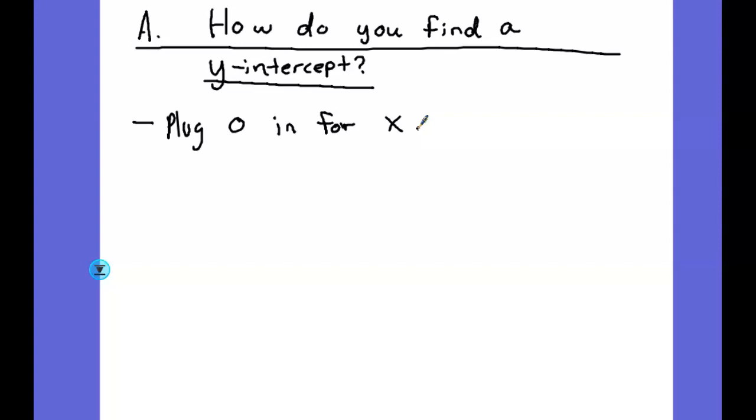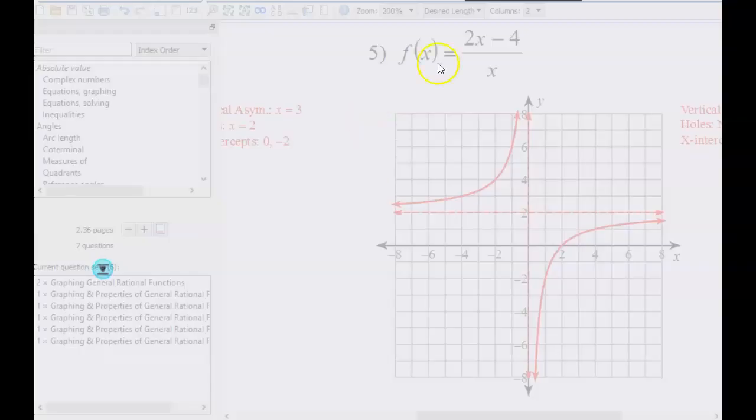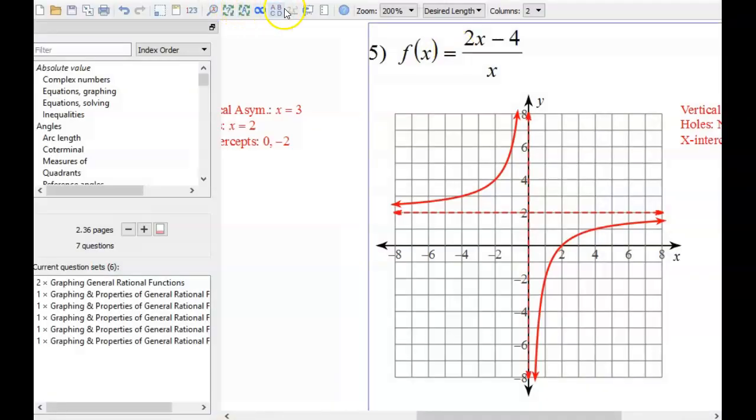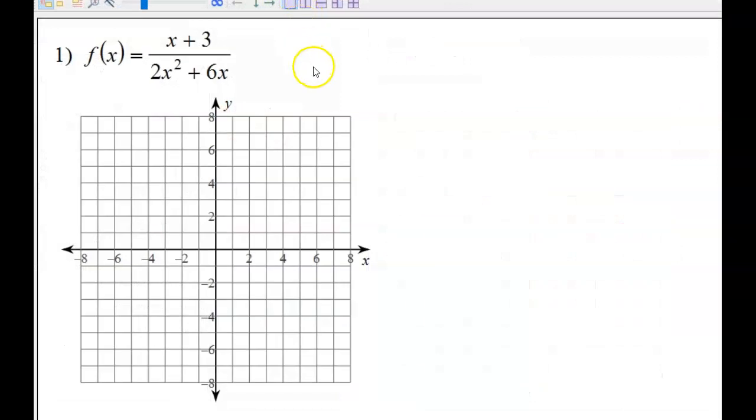So we're going to do that today, but you'll kind of see that there's a little bit of a shortcut there, which we'll add to our notes in a second. So let's do this one really quick. So go ahead and write down number 1 there.